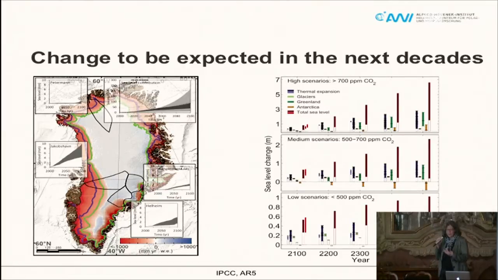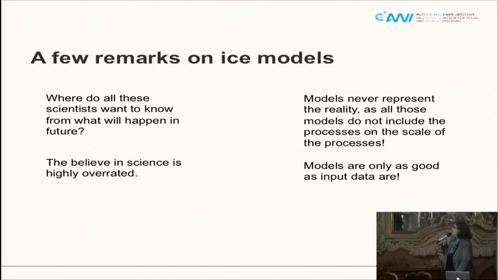This is based on ice sheet models, and models are of course not perfect. I want to continue with a few comments on what models can and can't do, and what kind of questions we typically face as modelers from society. One statement I often hear is, where do all these scientists want to know that from?